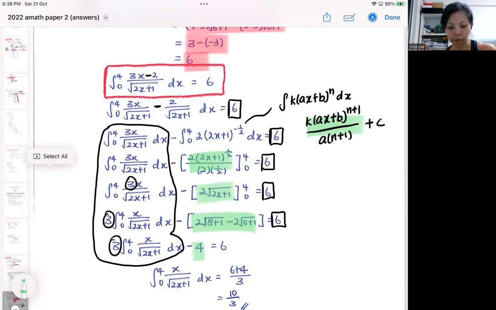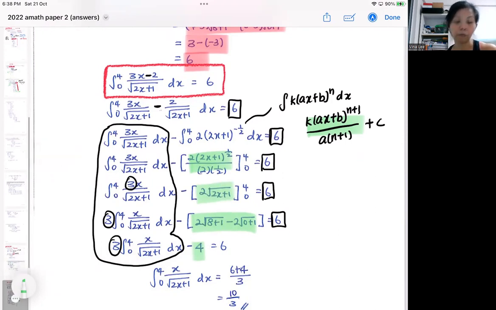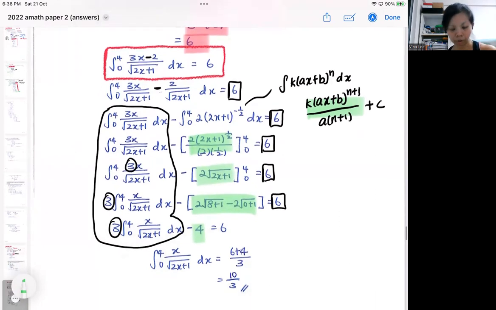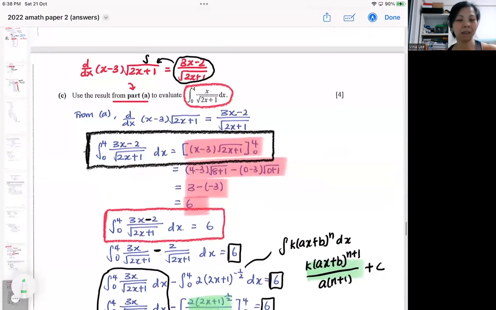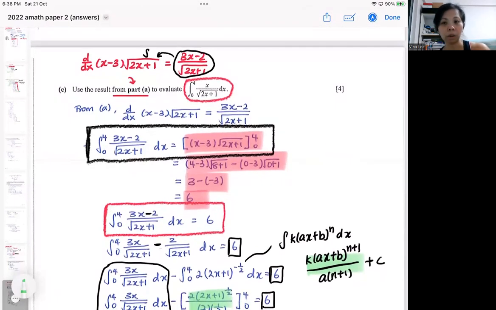So from there, you will find that you will get a value 10 if you bring it over. And then you will need to divide by 3 to get what the question wants. I will say this type of question shouldn't be something new. It's expected that you will have at least 1 question like this being tested at O level.